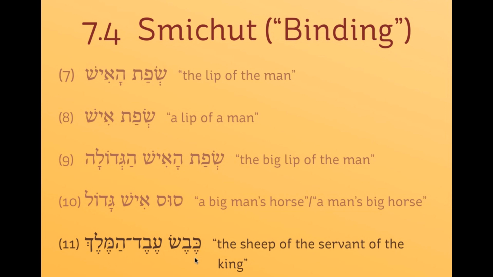Now notice here that keves and eved, I've said that they're bound words even though they're identical in form to the flashcard forms you have memorized. So how do you know to translate this like a smichut? Well, it's because you remembered my rule of thumb that whenever you have 2 or 3 nouns side by side, assume it's a smichut. So this is translated, the sheep of the servant of the king.